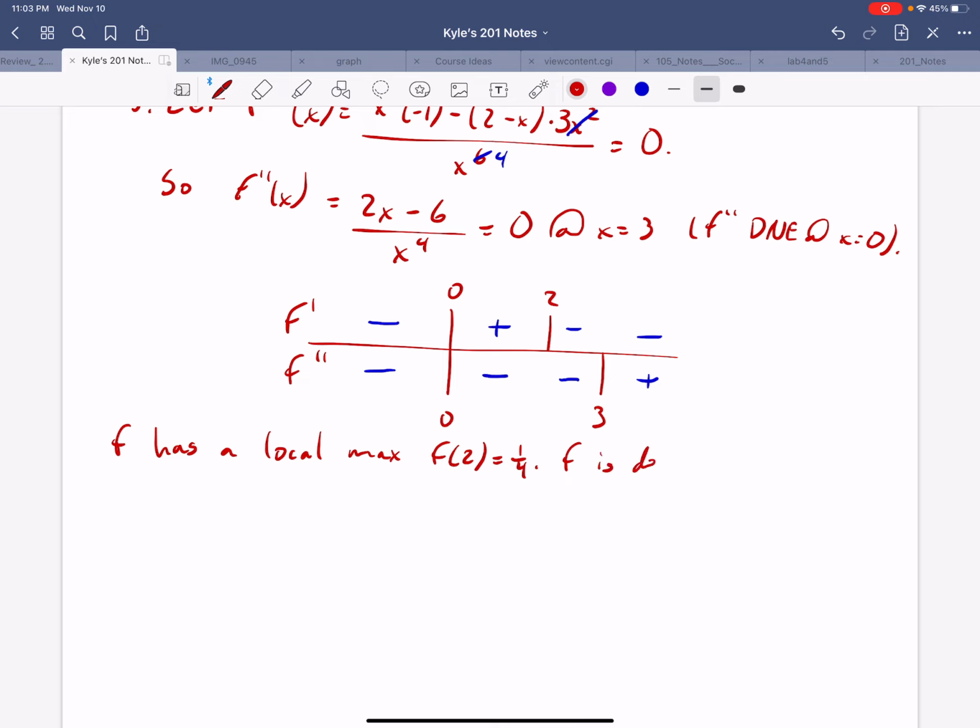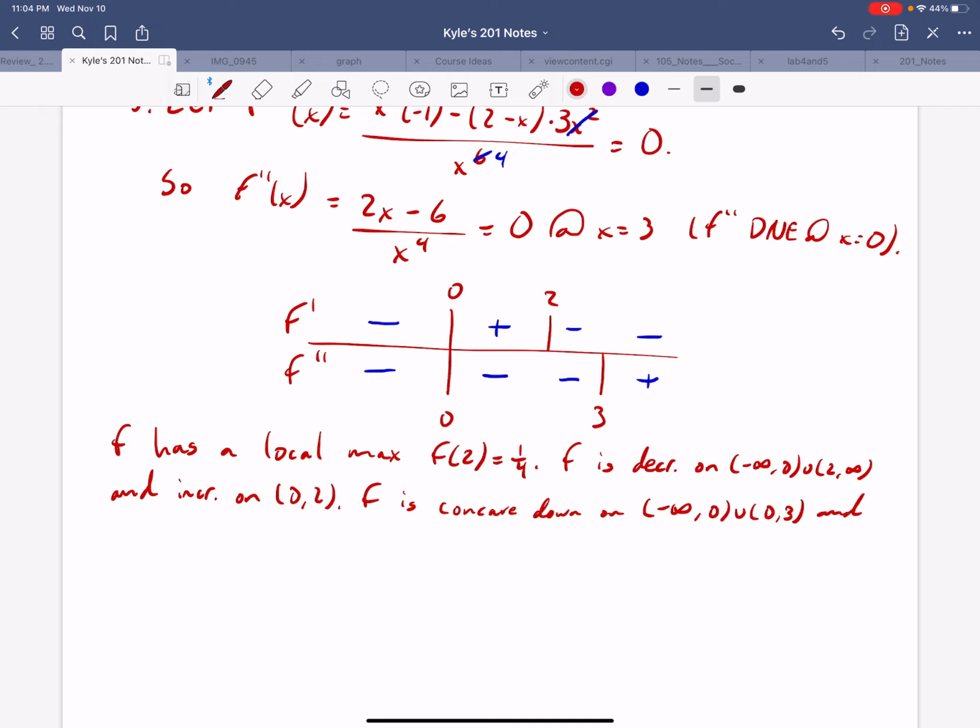F is decreasing on negative infinity to 0, union 2 to infinity, and increasing on 0 to 2. Also, F is concave down on negative infinity to 0, union 0 to 3, and concave up on 3 to infinity.